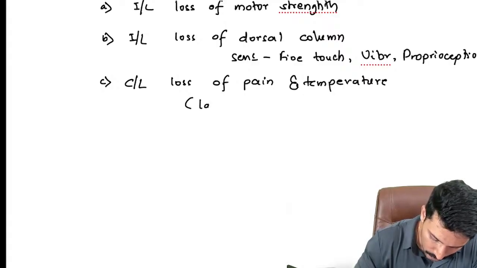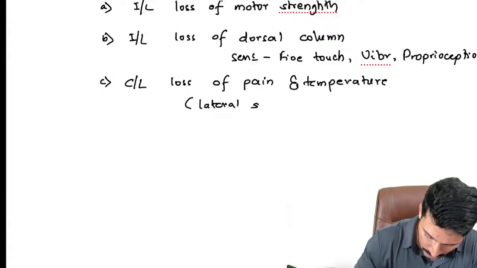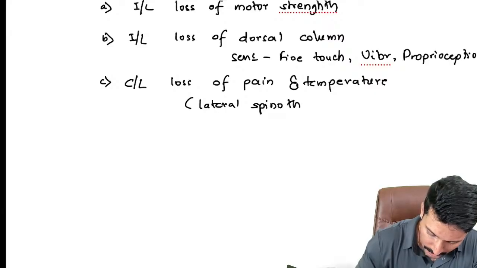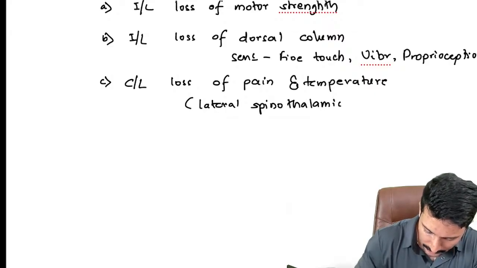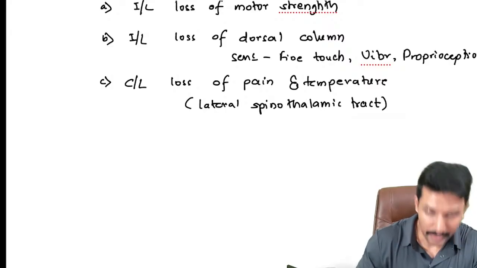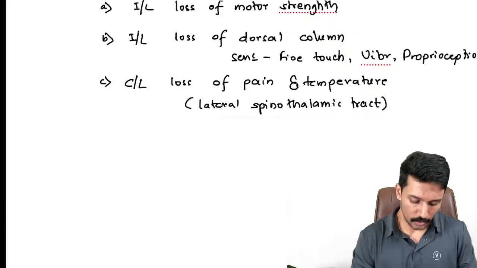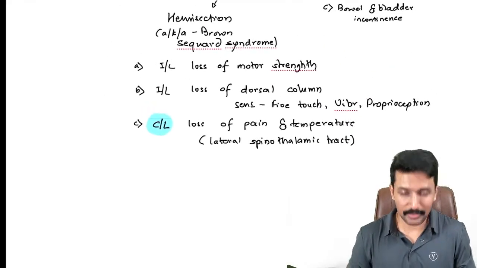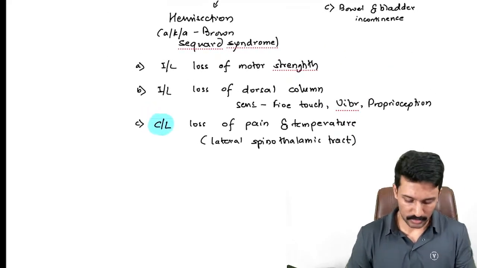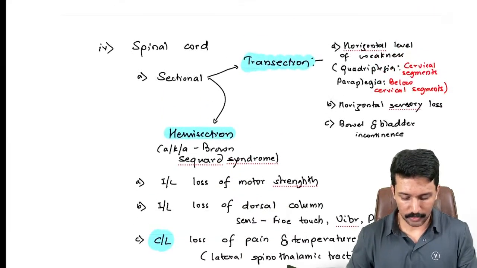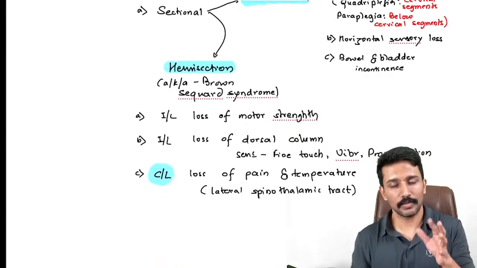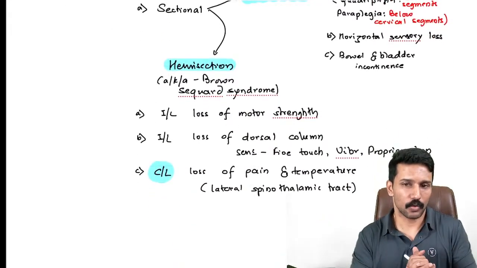These are carried through the lateral spinothalamic tract. So these sensations will be lost on the contralateral side. The only thing you need to remember is pain always opposite when it comes to hemisection. Okay, so that's about the cut of the spinal cord.